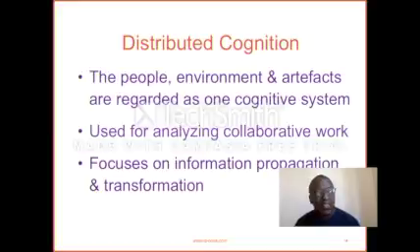Okay, so the theory of distributed cognition was introduced by Edwin Hutchins in the 1990s. And essentially, what this theory is about is that the development of knowledge is attributed to a system of thinking agents interacting dynamically with artifacts.